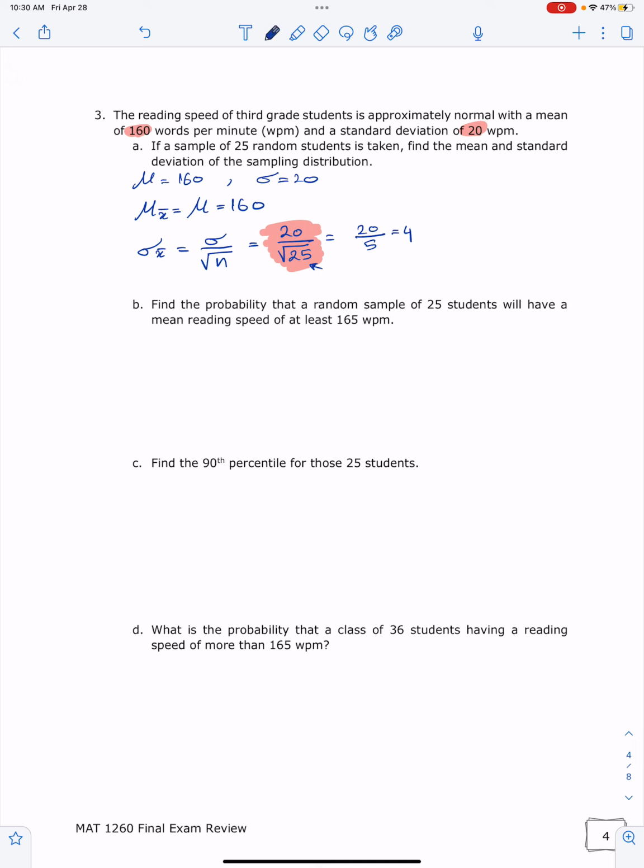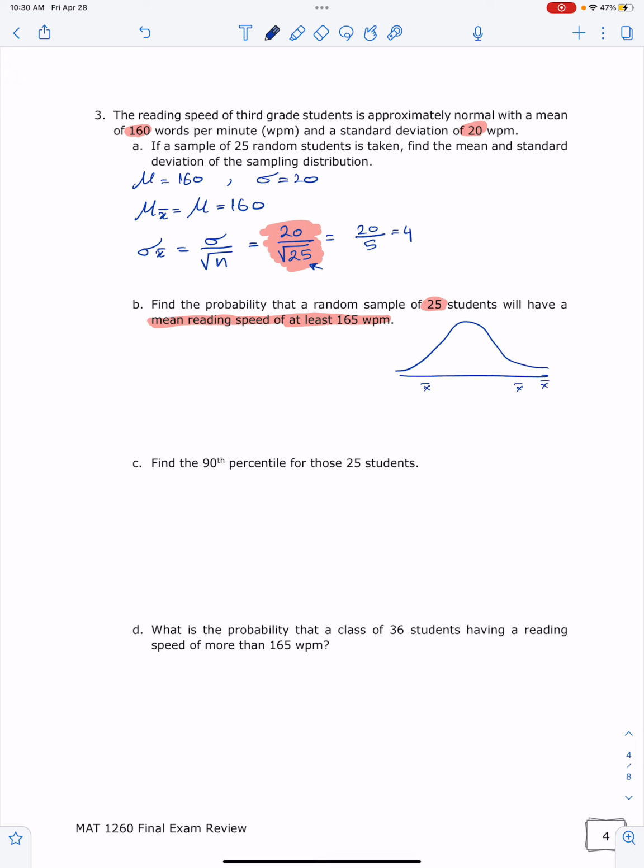Find the probability that a random sample of 25 students will have a mean reading speed of at least 165. Notice the wording here. So we are given a sample size and we need to find the probability that the mean reading speed is at least 165. So the distribution I'm working on here has X bars at the bottom.